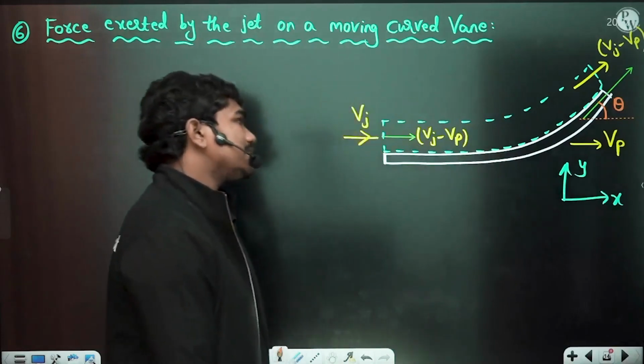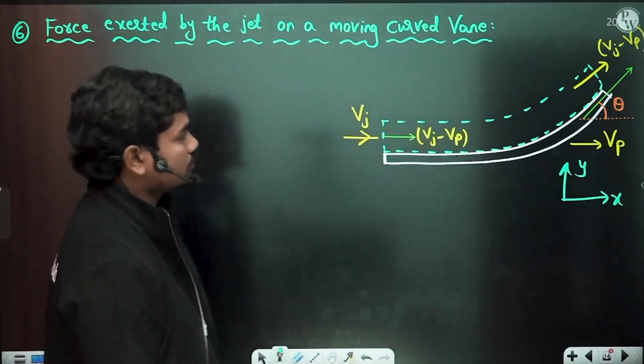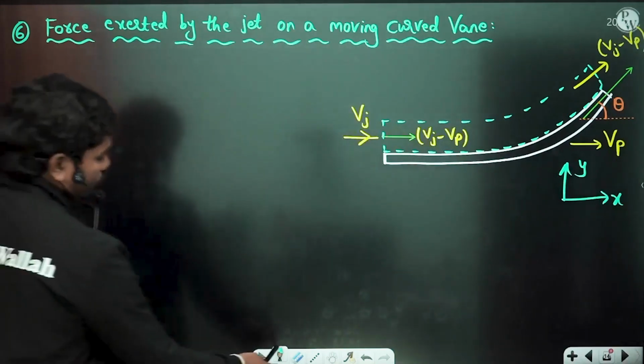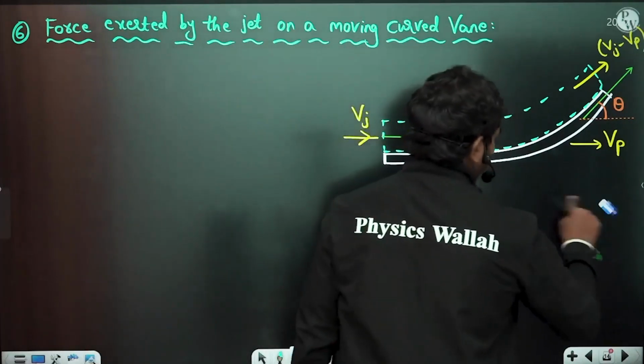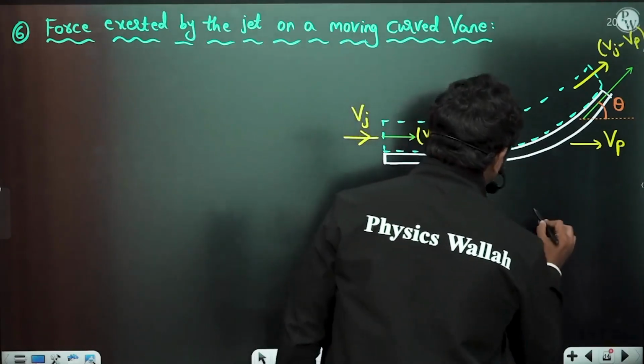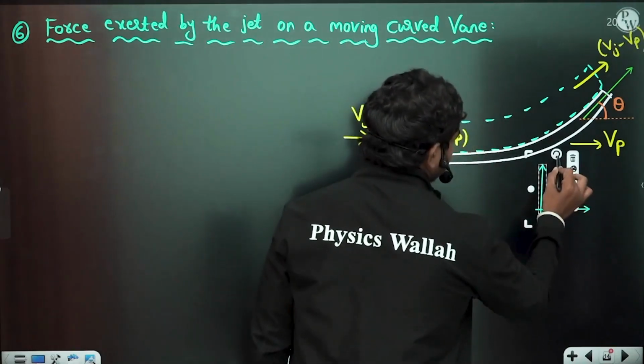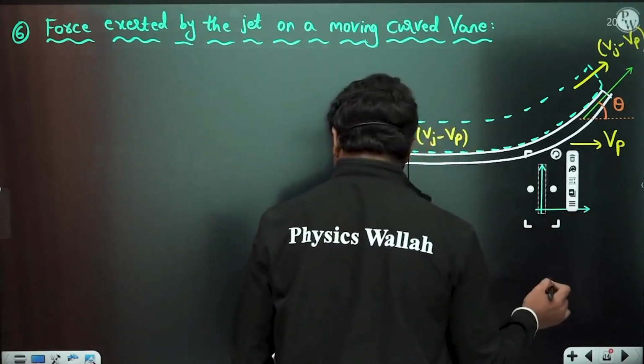Now if this inclination is theta, then let us see sigma Fx. If you take the forces in the x direction, these are the x and y direction forces.